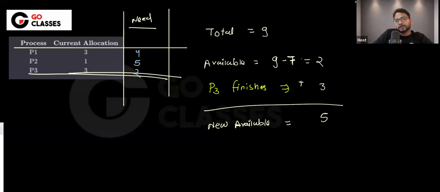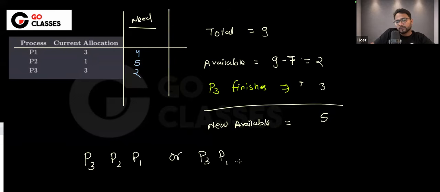Out of this five, can you fulfill anyone's need? Yes, I think you can fulfill P2 or P1. Doesn't matter. First P2, and then you will anyway have one more, which is six, and then P1. Either you can do P2, P1, or P3 first and then P1, P2. These are the multiple safe sequences that you have.